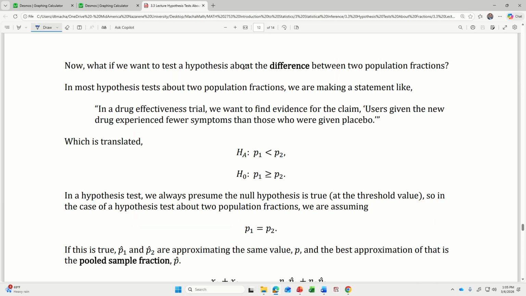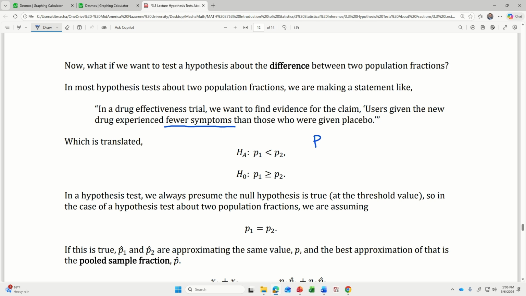Okay, so what if we want to test a hypothesis about the difference between two population fractions? Usually we make a statement like this. In a drug effectiveness trial, we want to find evidence for the claim: users given the new drug experienced fewer symptoms than those who were given placebo.